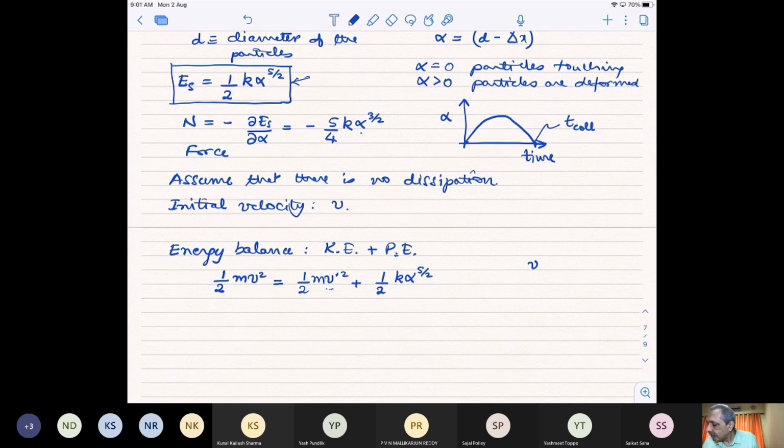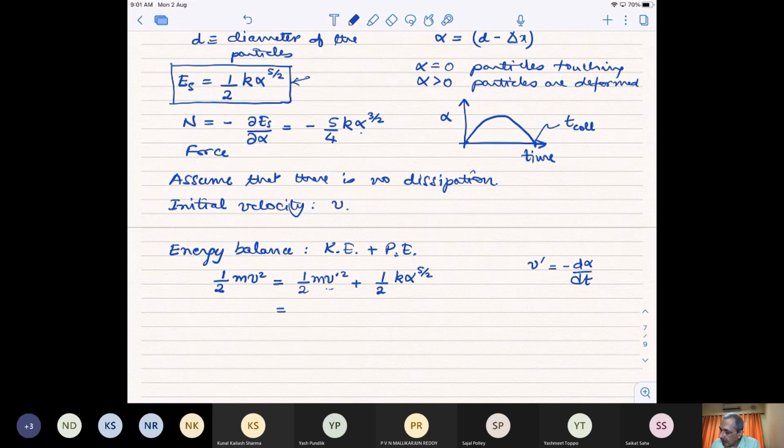So we essentially have that v prime is just equal to minus d alpha by dt. So rate of change of the overlap is exactly equal to the velocity of the particle. So this is after they touch. Before they touch, we are given that the velocity is v, and that is unchanging, and then it becomes this.